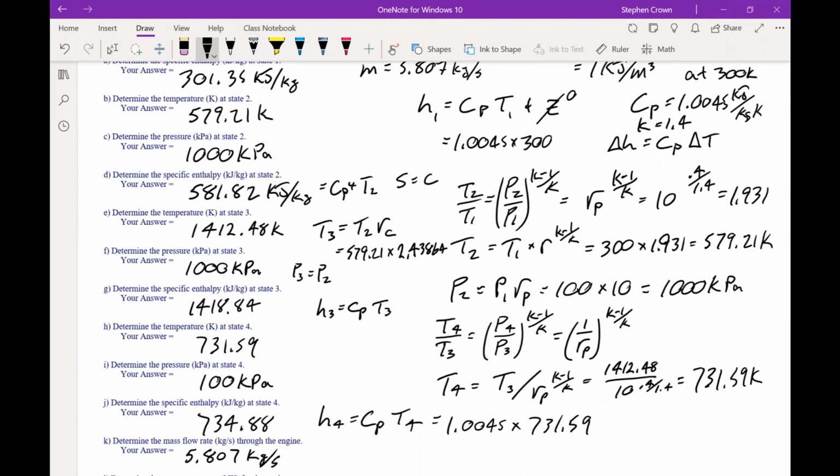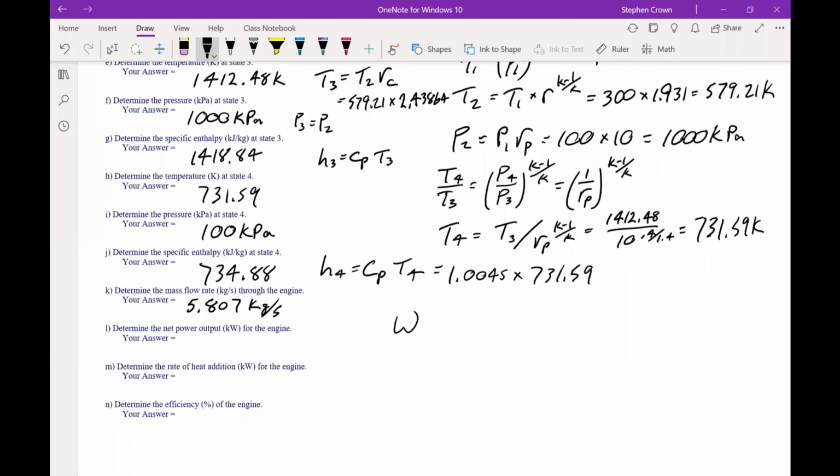We already found the mass flow rate, and now we want the power output for the engine. So net work equals work for the compressor plus work for the turbine. If we express the work as inlet minus exit, so we have m dot times (H1 minus H2) plus m dot times (H3 minus H4).